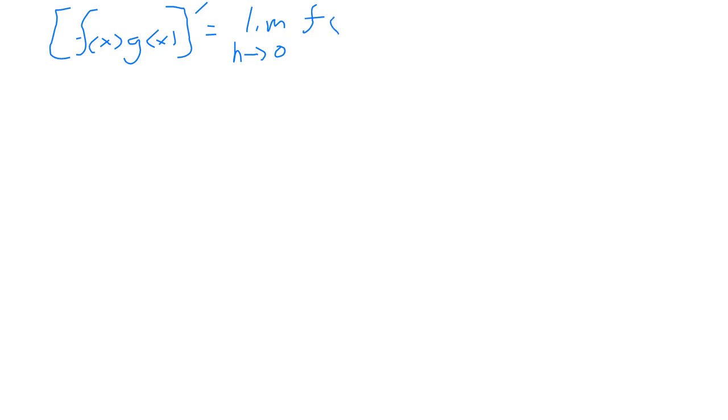But you know the formula already. Remember, it's f of x plus h minus f of x over h. So in both functions, I'm going to replace the x's with x plus h. So it's f of x plus h, g of x plus h, because it's a composite function, minus f of x times g of x, all over h.